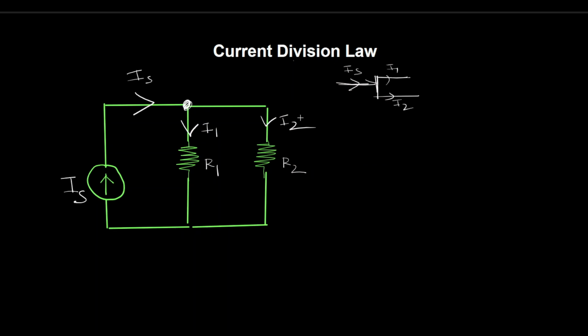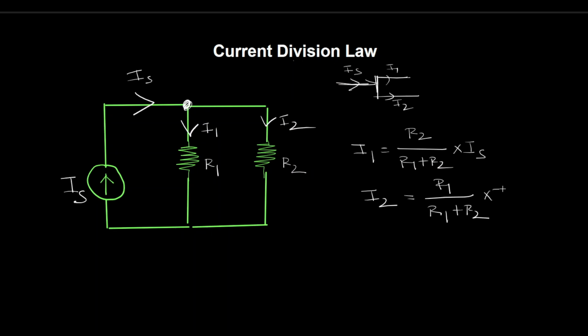So now formula for I1 is simply R2 by R1 plus R2 into Is, the source current, and formula for the I2 is basically R1 by R1 plus R2 into Is. Okay, so this is the most important formula.